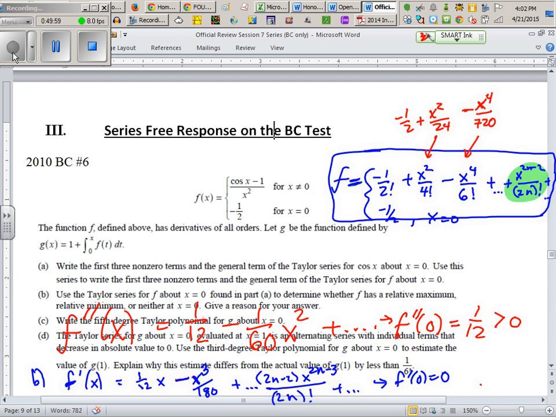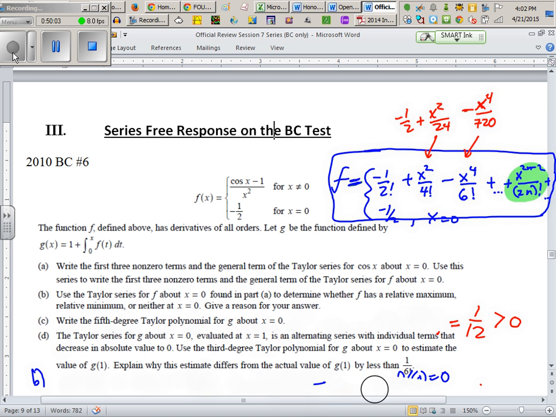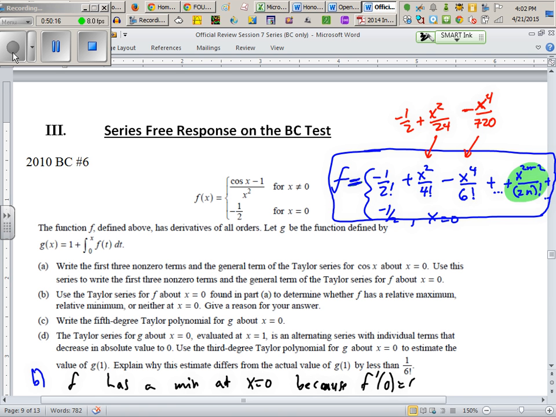Okay, so I'm going to go ahead and write my conclusion here, even though I have to erase some of my work. Basically, I'm writing f has a minimum at x equals 0 because f prime of 0 equals 0 and f double prime of 0 equals 1/12, which is positive.